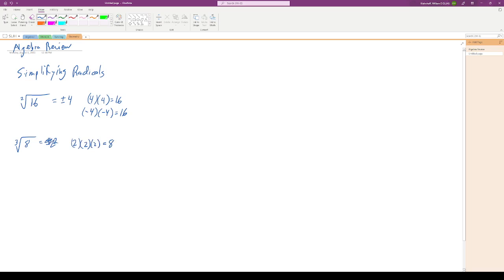Oh, sorry, the cube root is just 2, not negative 2, because if I did negative 2 times negative 2 times negative 2, I would end up with a negative 8. So 2 times 2 times 2 gives me 8. We can actually put any number here for the index, so that just means we're multiplying that many of the number together to make the thing in here.